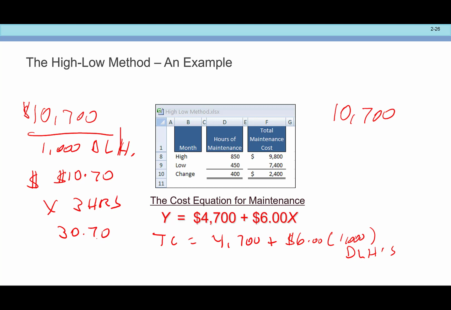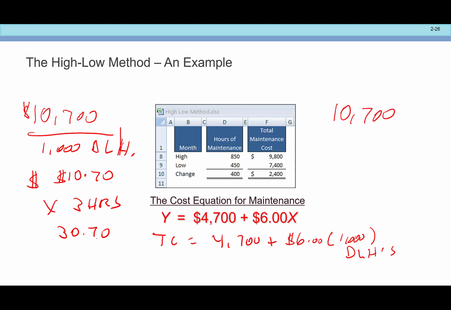So whether you use the high or the low, you get the 4,700, right? Whether you use the high or the low, you will get 4,700. That's right. Yes, but it has to be the high and the low. If you pick those other numbers, unless they so happen to miraculously line up on that same line, so maybe you would hit 3 points with that line that you drew between the high and the low, it's not impossible, it's highly unlikely, then yes, you could pick another one.